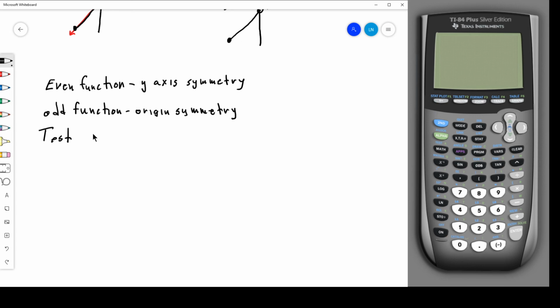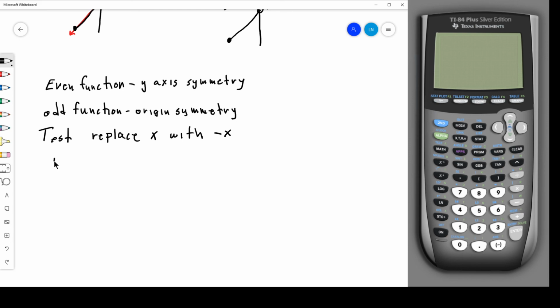We replace x with negative x. That's the test. End of story. Here are the outcomes. Remember, replacing x with negative x in a function means we replace the x in the function notation.